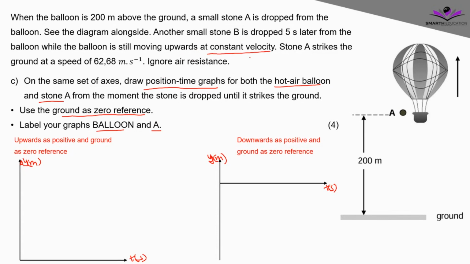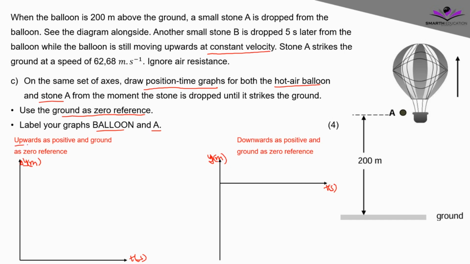Remember, the gradient of the position time graph gives us the velocity. And if it's constant velocity like this, it means it must be a straight line, because the velocity is not changing. But what is happening to the displacement from the ground? It is moving away from the ground, so the displacement is increasing.